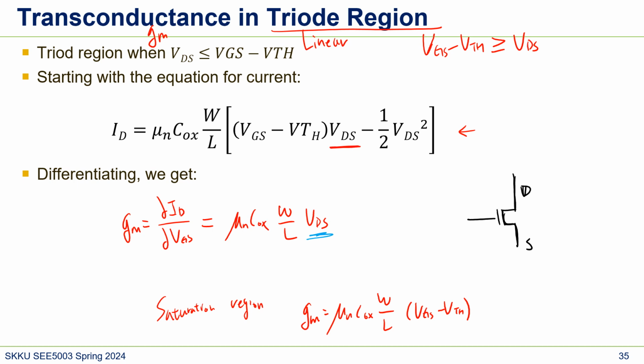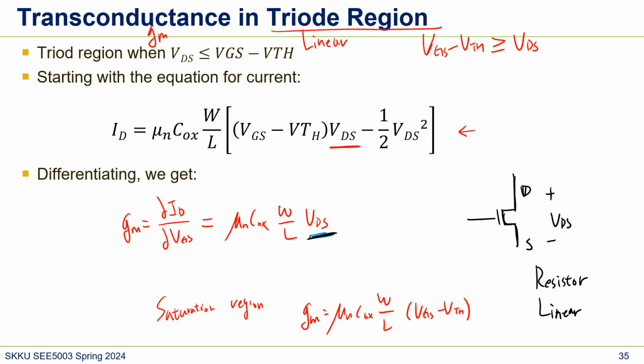If we increase VDS, then the current is increasing, proportionally. So this is kind of a resistor, and that's why we also call this the linear region.